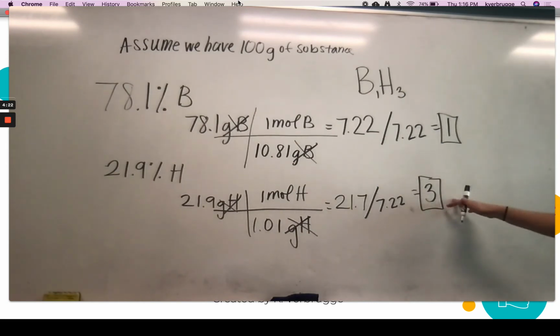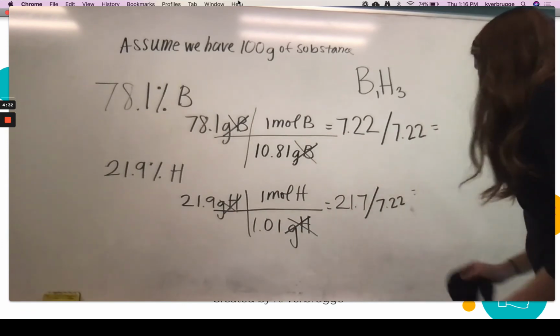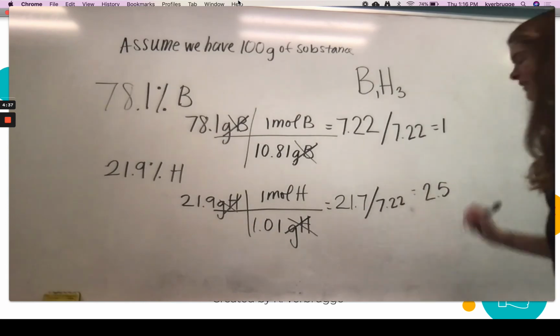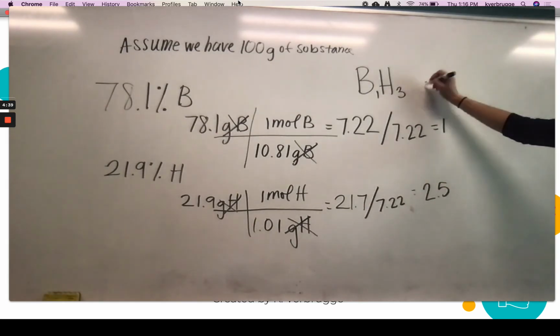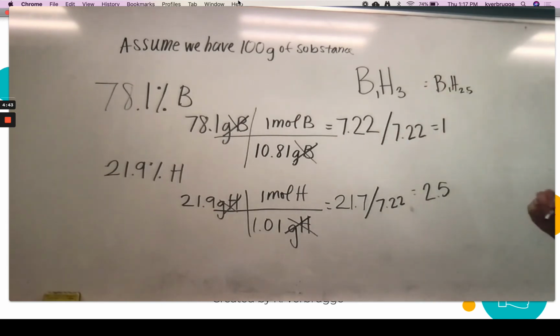This process will work almost perfectly every time. However, sometimes you might get a wonky number. Let's just pretend here that instead of 1 and 3, we get 1 and 2.5. Does it make sense to have B1H2.5? No, of course not. We've never done a problem like that.